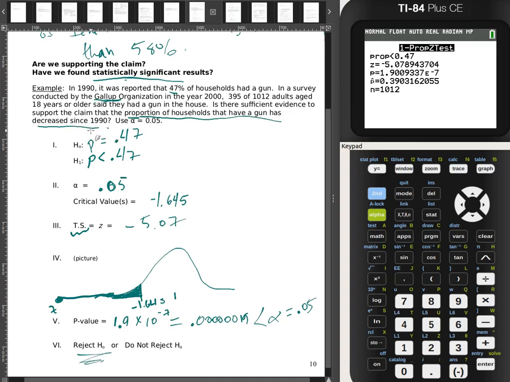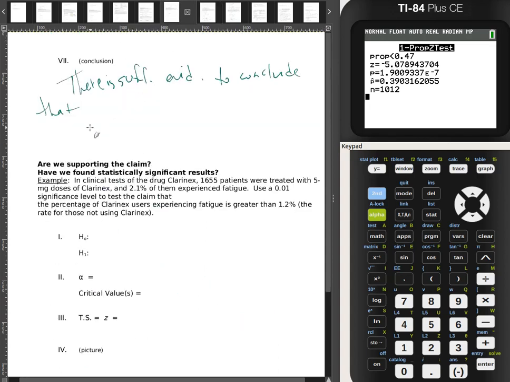We found evidence to support that. So we want to basically copy and paste this part about the proportion of blah, blah, blah. There is sufficient evidence to conclude that the proportion of households that have a gun has decreased since 1990.